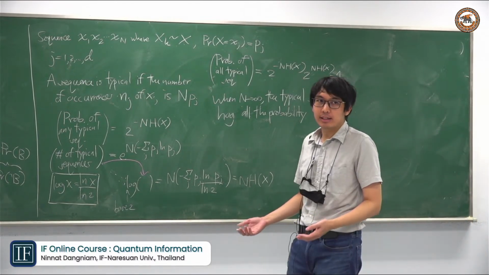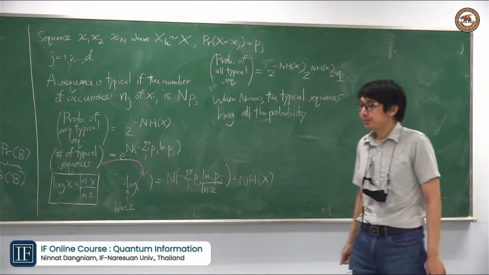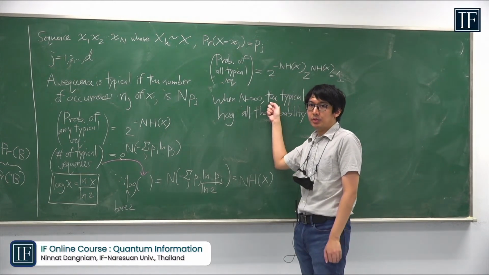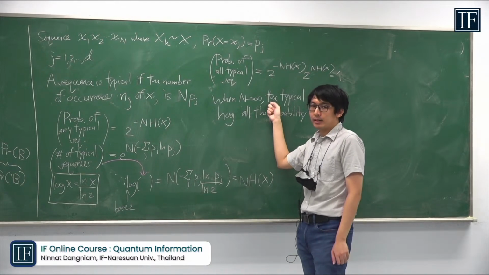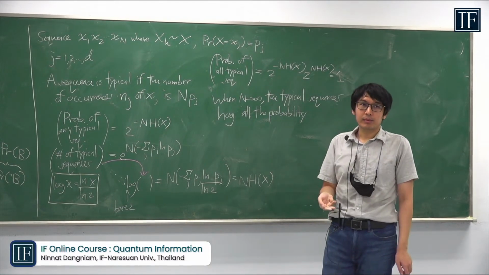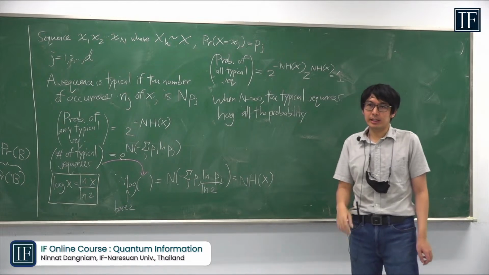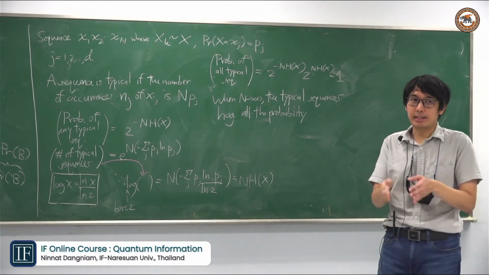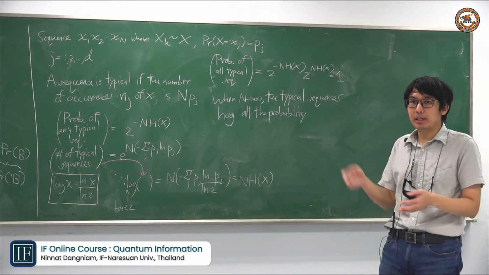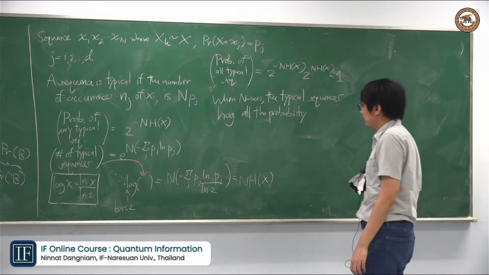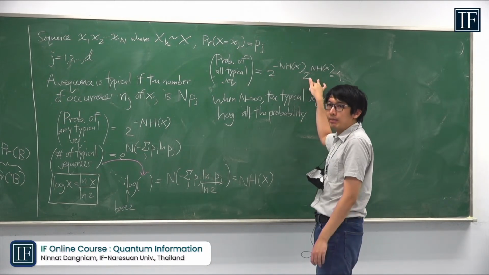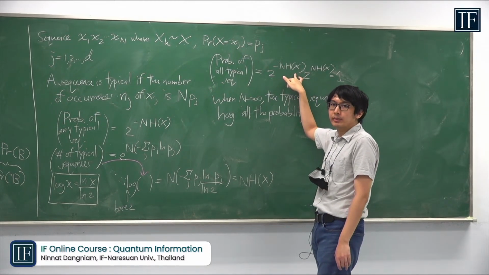If you have to send one, then it's an error, right? But from this statement, you can imagine that when n is large, you can try to only assign a symbol for sequences in the typical set, and there are this number of them, and all of them have the same probability.